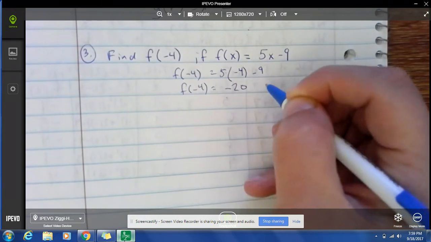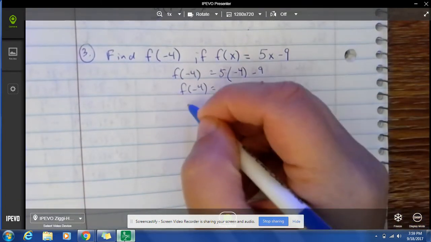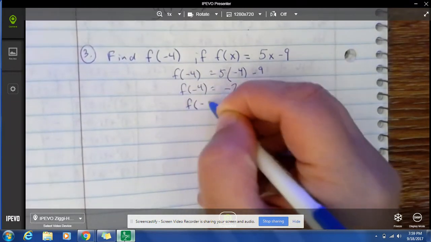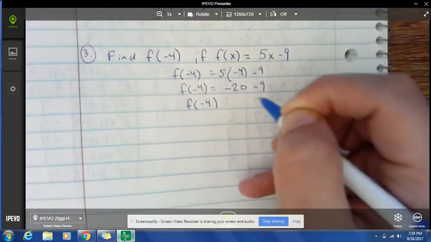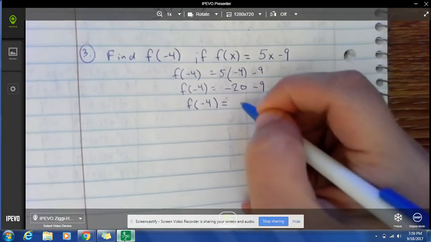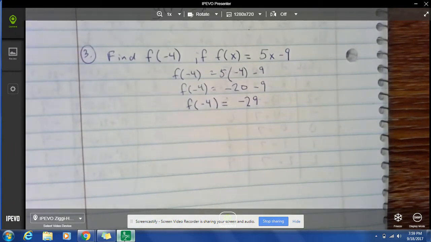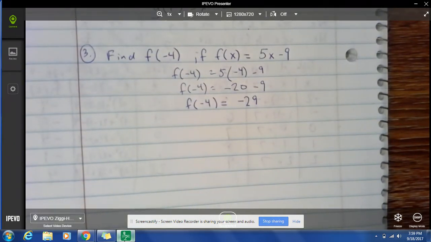So 5 times -4 is -20 minus 9. And now we have -20 minus 9, and therefore f of -4 equals -29.